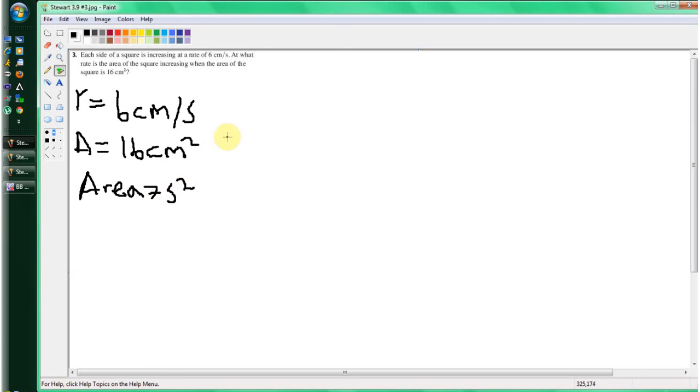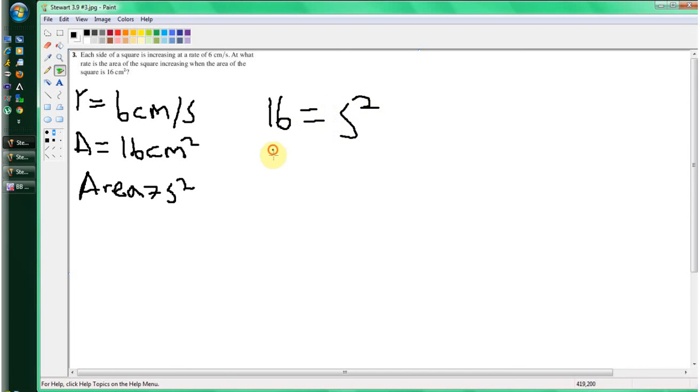So first we want to find the side at the moment the area is equal to 16. So what we have is 16, the area at this moment, is equal to side squared, and basically we solve for s.